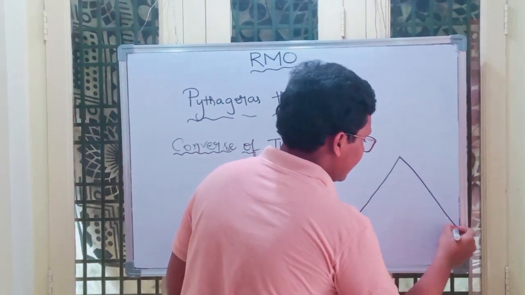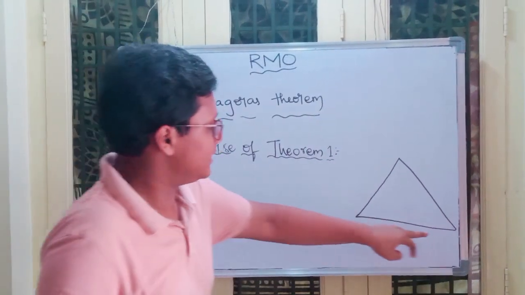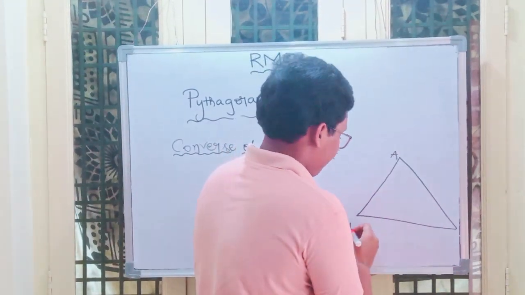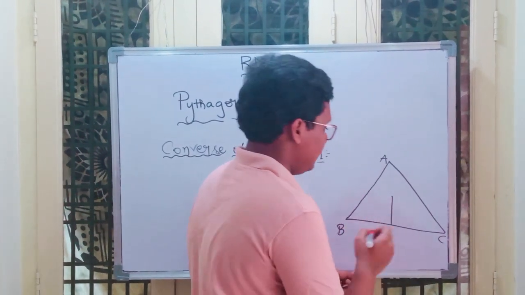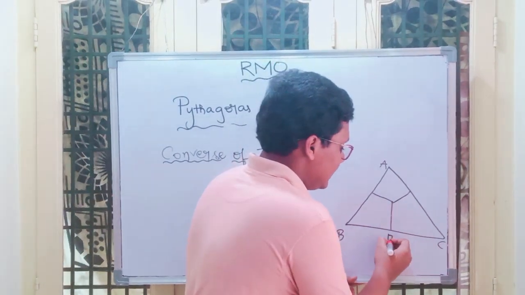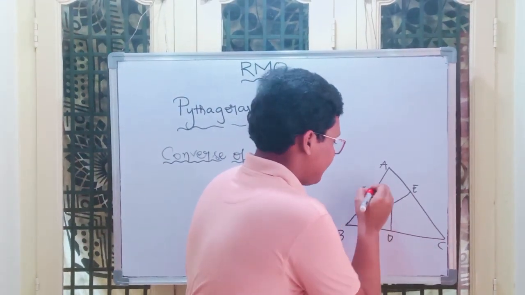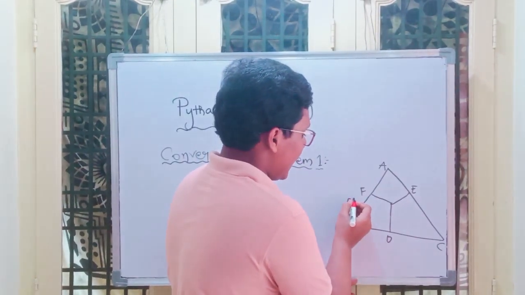Similarly, we'll take a triangle ABC, and these are D, E and F. Here a point F dash.